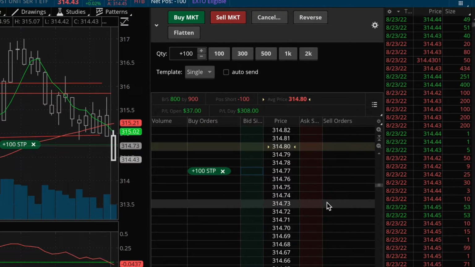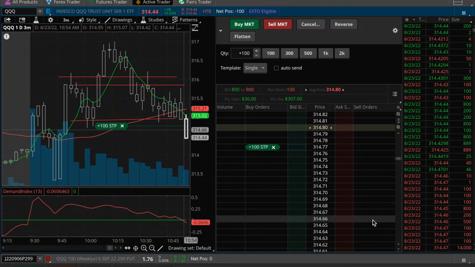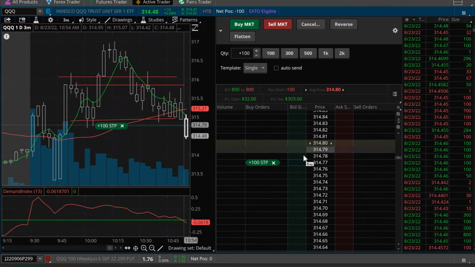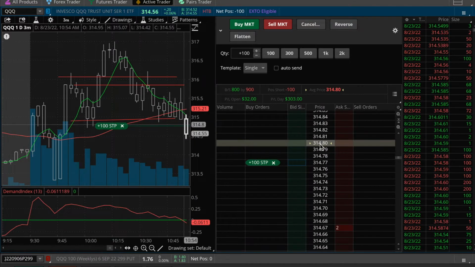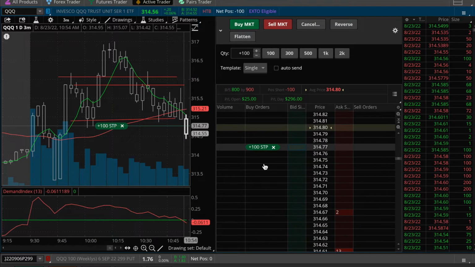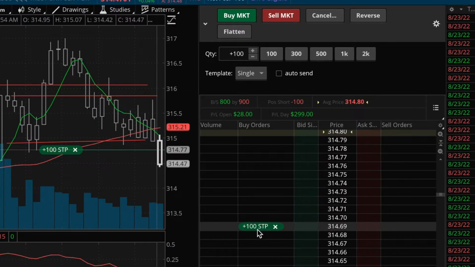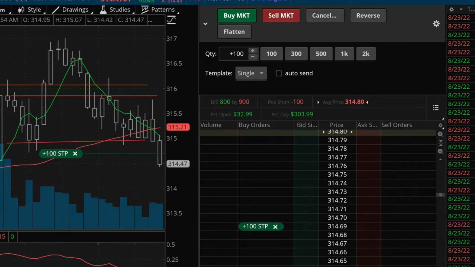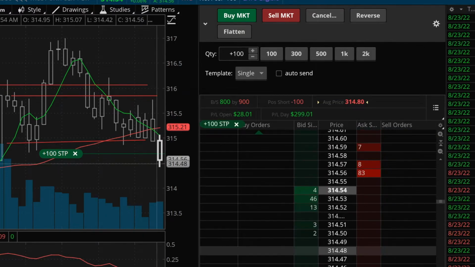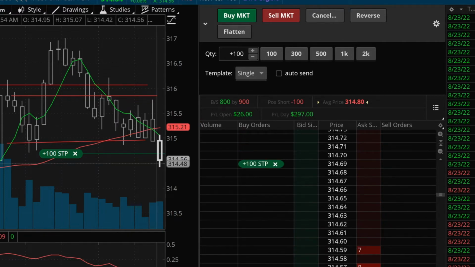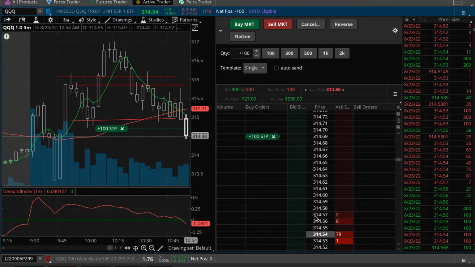But let's see where it goes. All right, it's going down. I want to protect. I am protecting my position. Maybe I will move my stop down a little bit more. I want to protect my position.